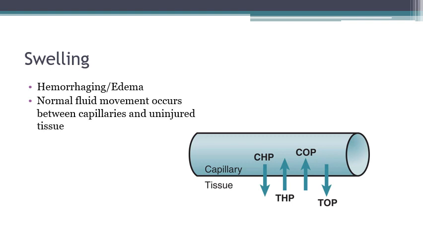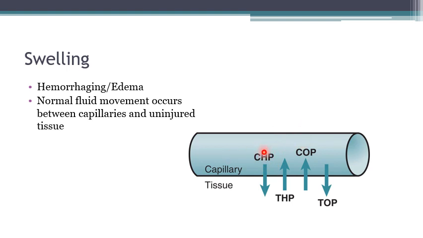So again, normal fluid movement occurs between capillaries and uninjured tissue. As you're looking at this picture, it's showing you again what goes on normally in circulation, and you have different pressures. So remember we talked about hydrostatic and oncotic or osmotic pressure. Oncotic and osmotic mean the same thing.